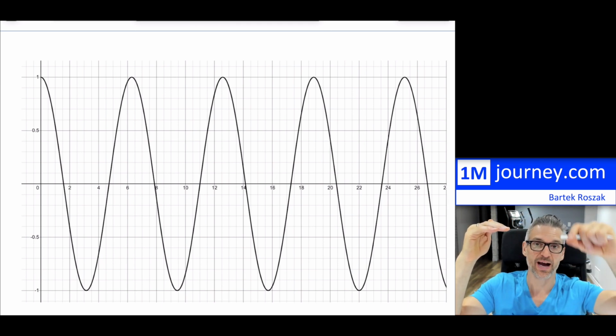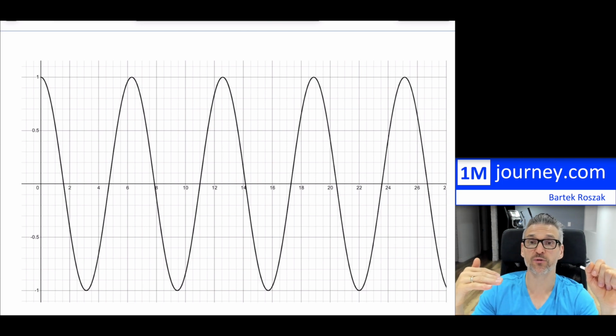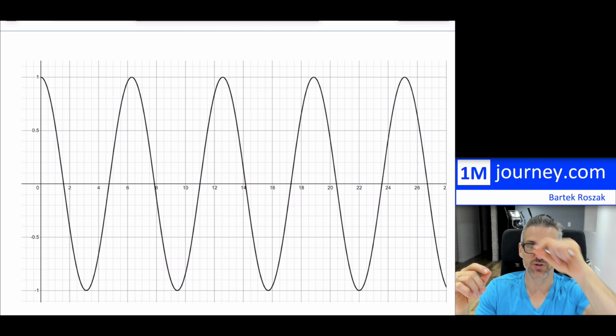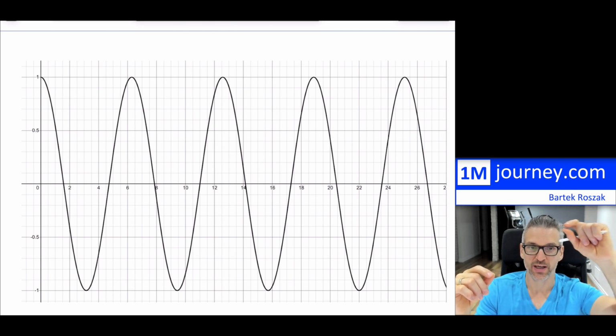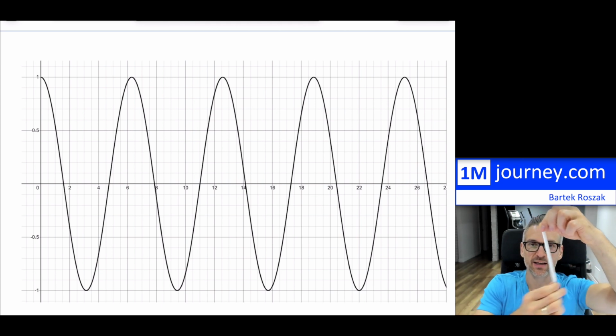Please remember that time is on the x-axis, and the displacement with respect to some equilibrium is on the y-axis. So this is just showing you what is happening relative to time. If you had a pendulum, it would be swinging back and forth forever. It would not dampen at all.